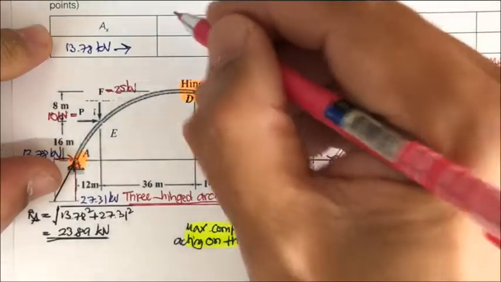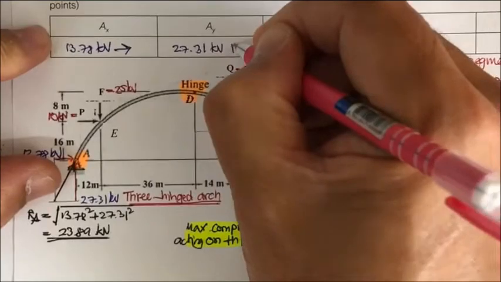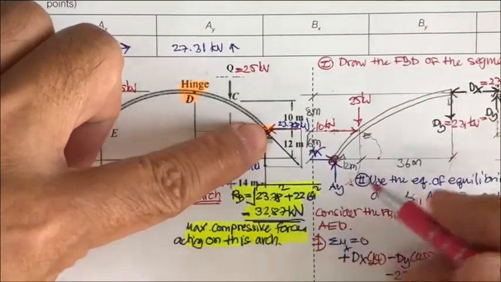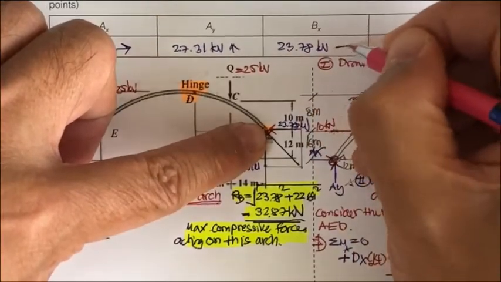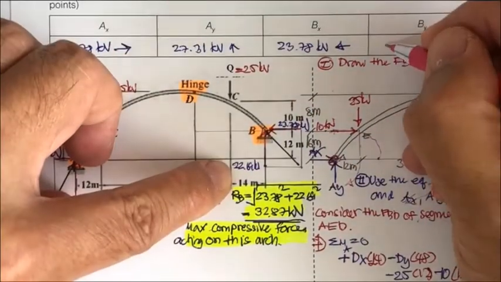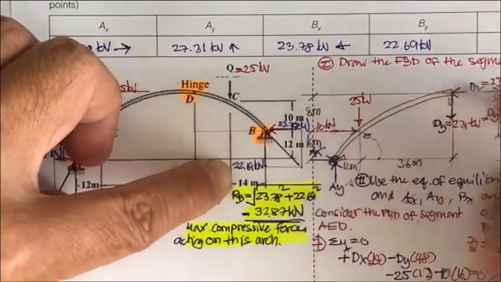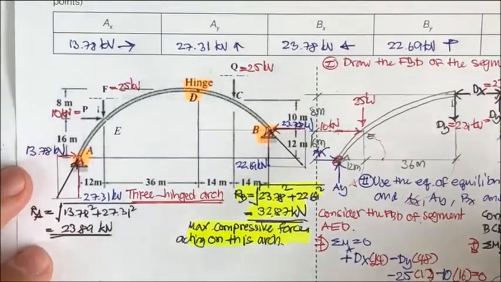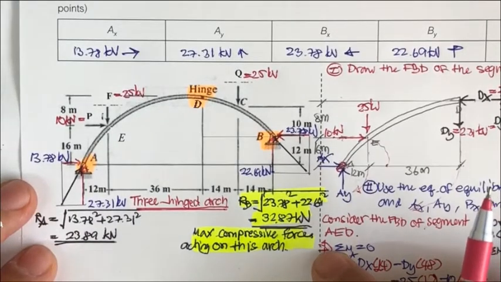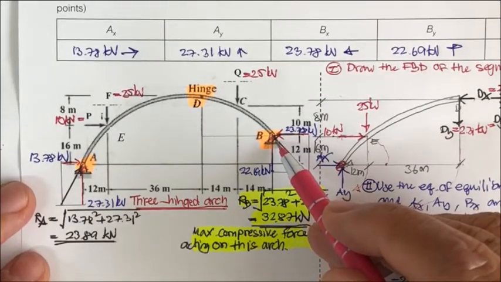A sub y is 27.31 kilonewton upward, and B sub x is 23.78 kilonewton to the left, and this one is 22.69 kilonewton upward. Okay, you have all the forces, and you see the required resultant force that's used to design the support and the foundation.